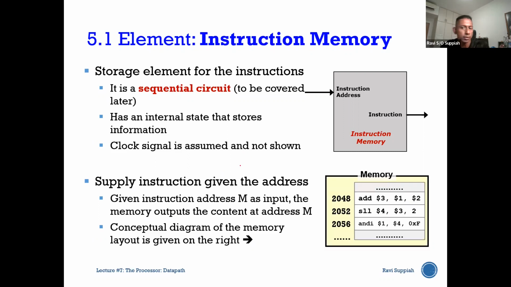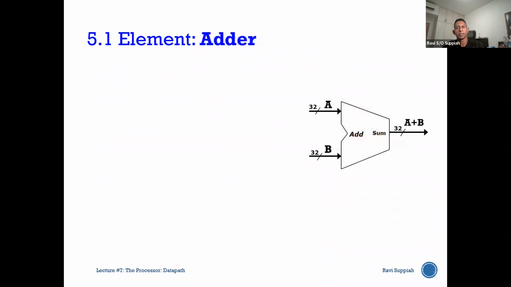Something like this, where in each address location there is an instruction. The increment by 4 and passing on all happen at the same time. I'll show you in a while.